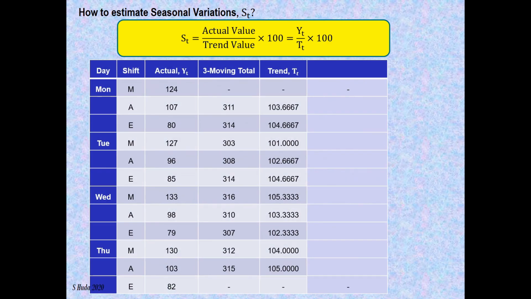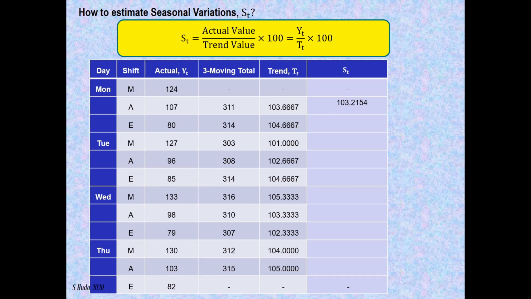Back to our example. Next, we want to calculate seasonal variation. Let's say the first value of seasonal variation. You calculate, then you got 103.2154. But how? Look at the formula.